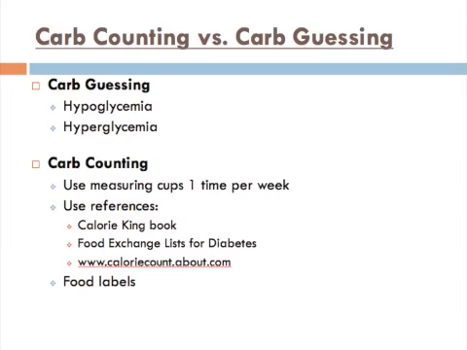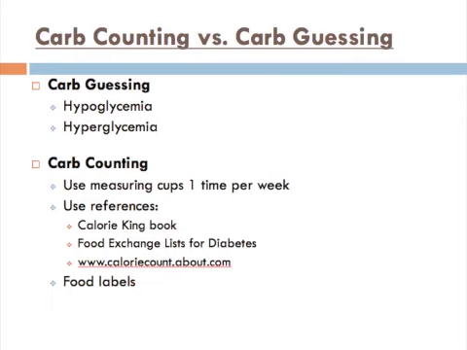So, when you're looking at carbohydrate counting, you want to make sure that you prevent carbohydrate guessing, because what carbohydrate guessing leads to is uncontrolled blood sugar. In my experience, the people who are making the biggest mistakes with carb counting are the people who've been doing it the longest.